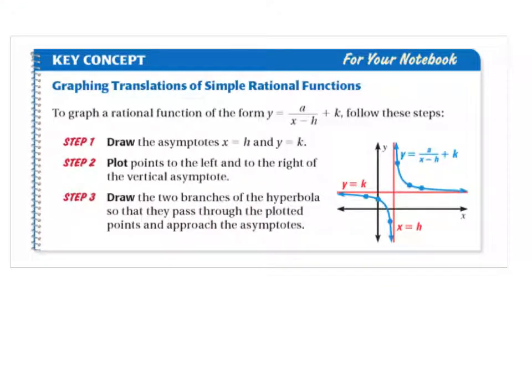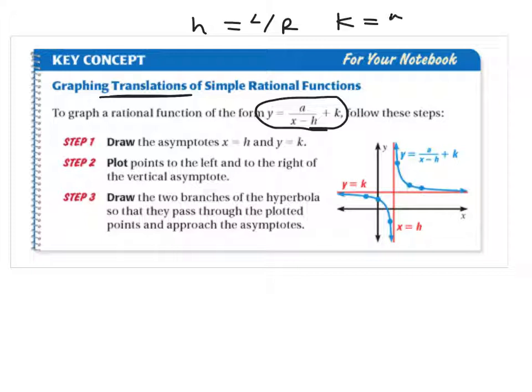All right, moving on. We are going to start translations of these simple rational functions. Translations use the same basic form that we've been using for all the translations: logarithmic, exponential, parabolas, everything. We've got x minus h and plus k, where h is my left-right movement and k is my up-down movement.